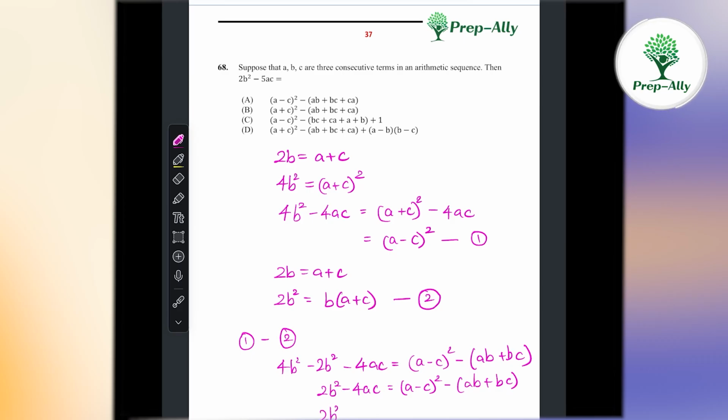So we have 2b squared minus 5ac equals a minus c the whole squared minus ab plus bc plus ca, right? So that's option A.